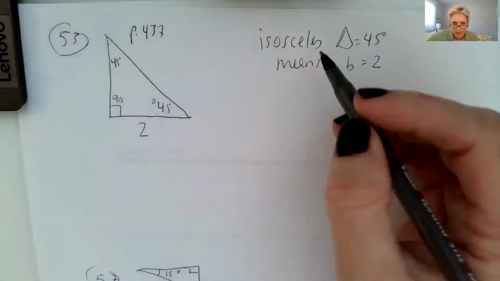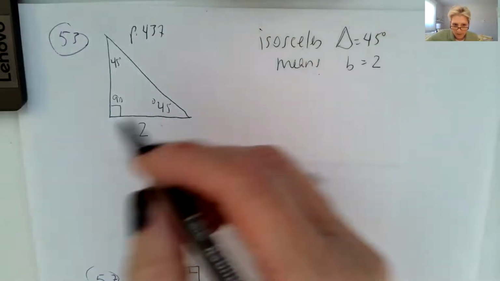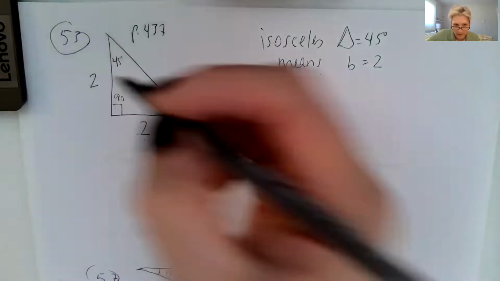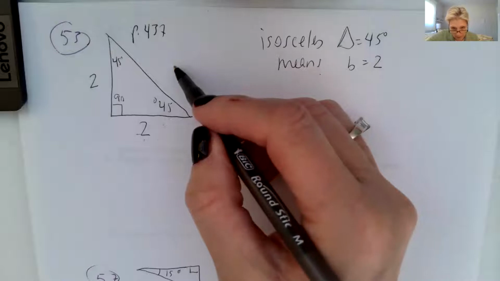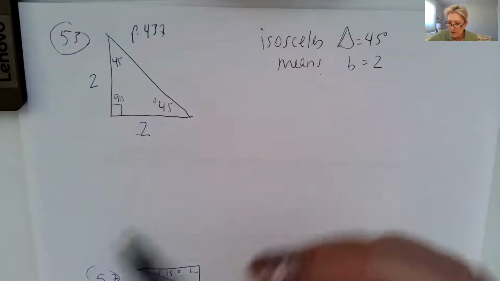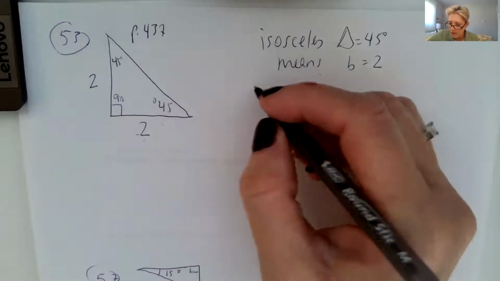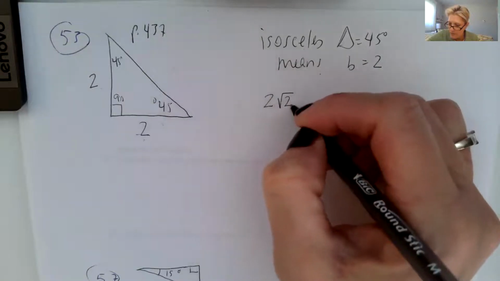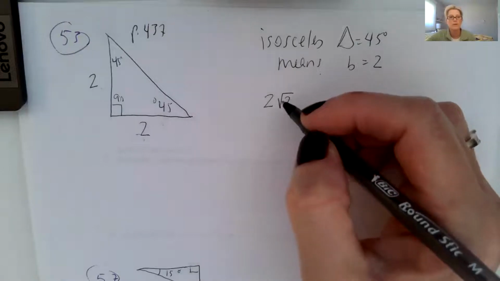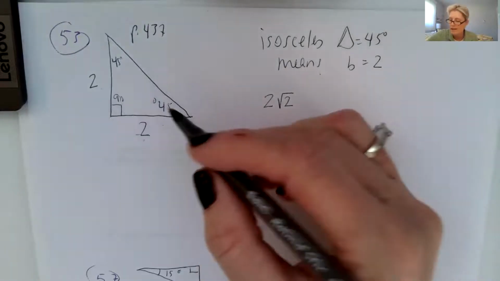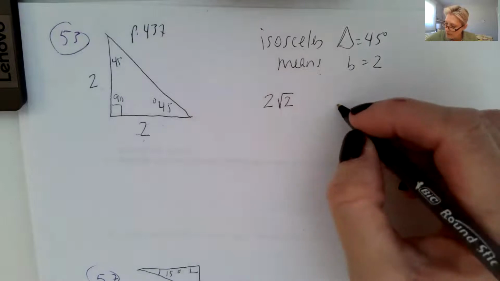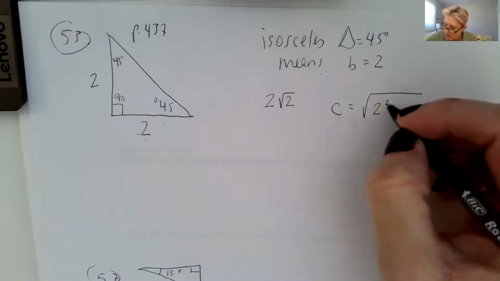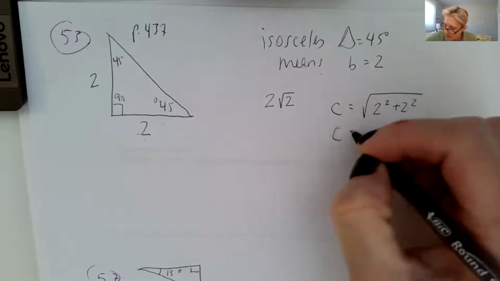So we know that this is an isosceles triangle, which means that if this side is 2, then the opposing side is 2. And then the hypotenuse, we learned earlier in the lesson, is always the side times the square root of 2, but we can find that by doing c equals the square root of 2 squared plus 2 squared.